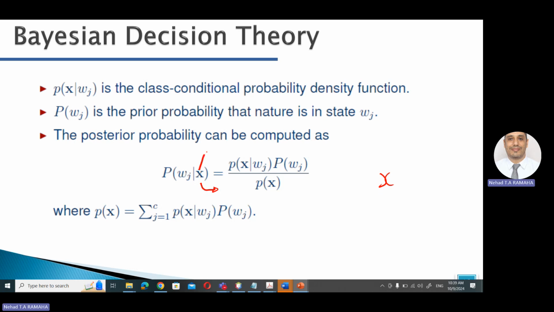That X was only one feature. This one is a feature vector. And the second difference is that i goes from 1 to C. What is C? The number of states, or number of classes. Okay, so it becomes general now. We have a feature vector, we have a number of classes.